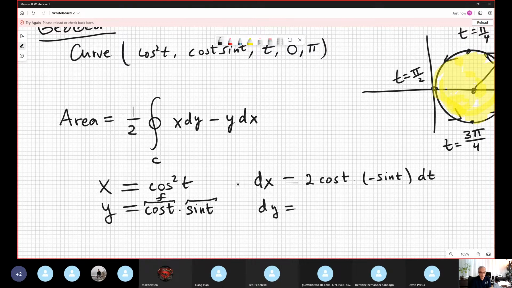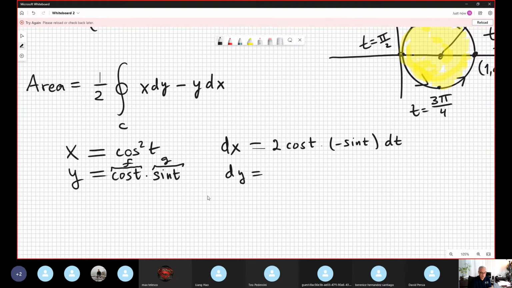This is a function f, this is a function g, and the product rule says: derivative of the first, the derivative of cosine is minus sine, multiplied by the second without derivative, plus the derivative of the second, the derivative of sine is cosine, multiplied by f, which is cosine, a coincidence, dt.